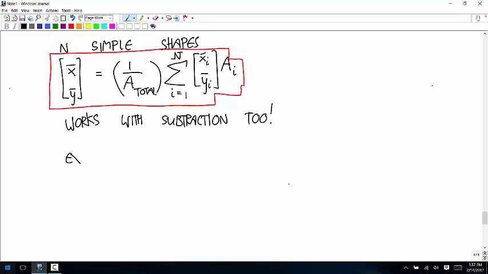Okay, so the first example, let's say that we have sort of a T shape where across the top it's 0.2 meters, and the thickness across the top is 0.1 meters.